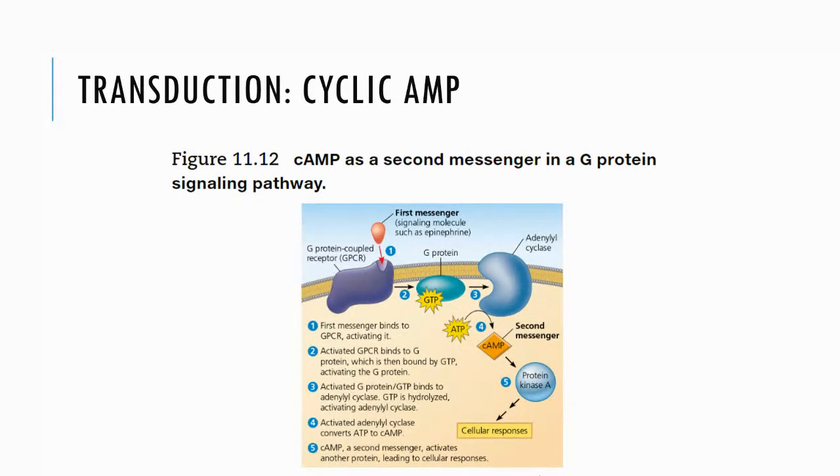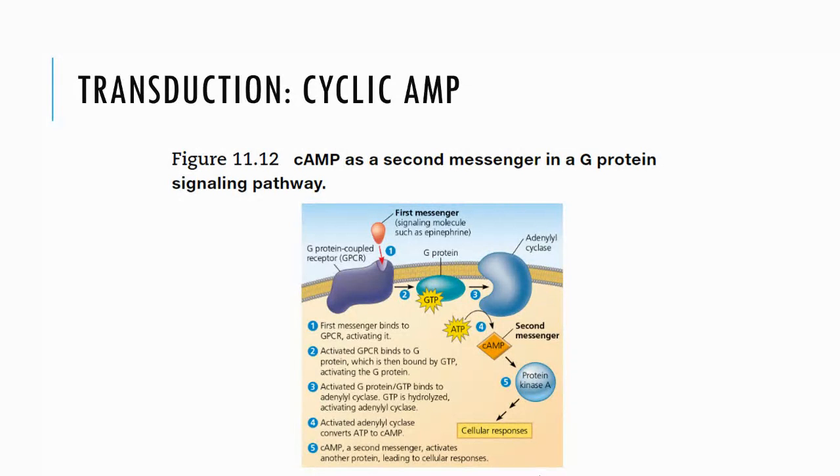Here is an example of cyclic AMP as a second messenger in a G protein signaling pathway. So we have our first messenger, which is our signaling molecule. Here is epinephrine, which binds to the GPCR and activates it.